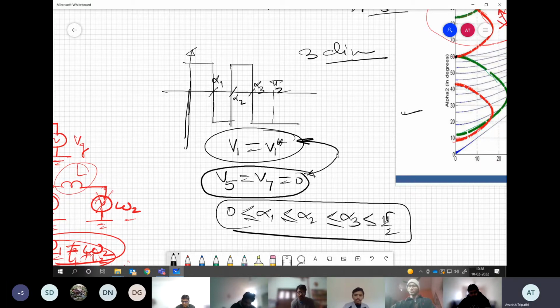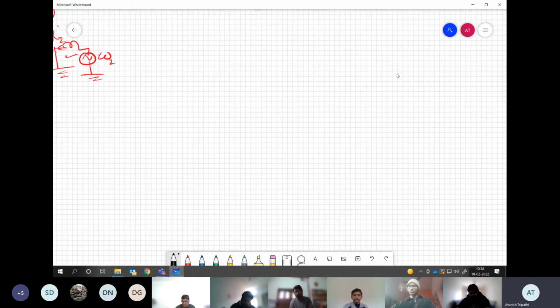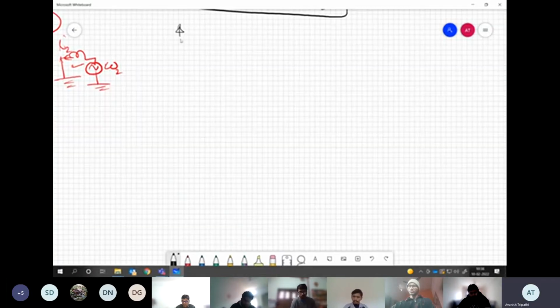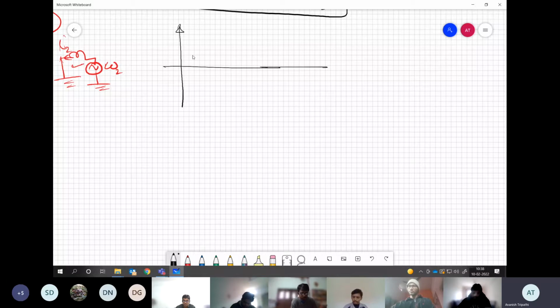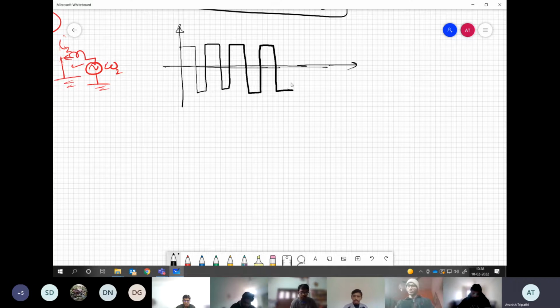Now, if I generalize the selective harmonic elimination PWM technique, let us say you have n switching angles in the quarter cycle. And when I say n, these are all independent. There is no predefined condition given for the switching angles here. So say there are n switching angles total.